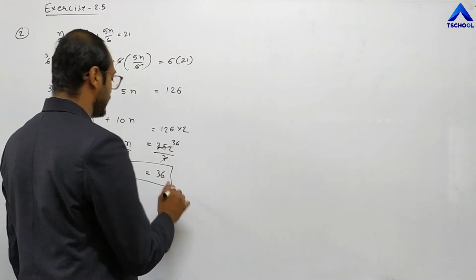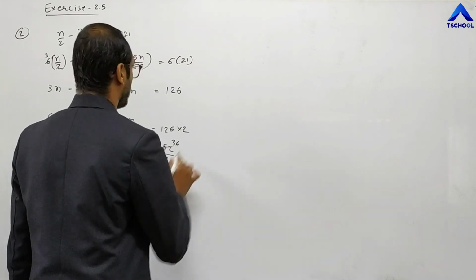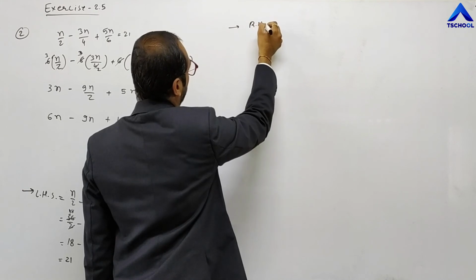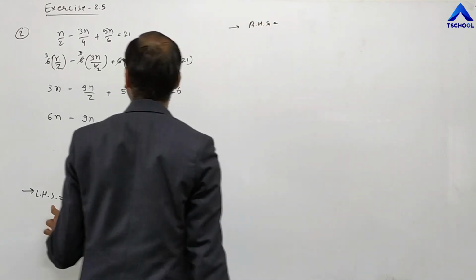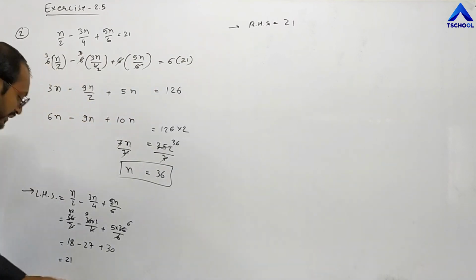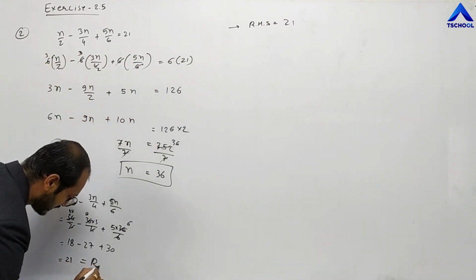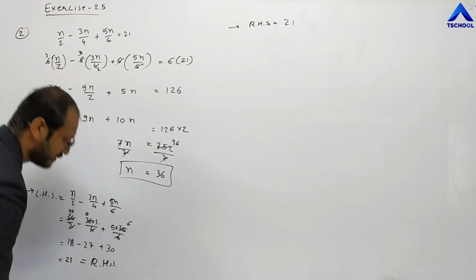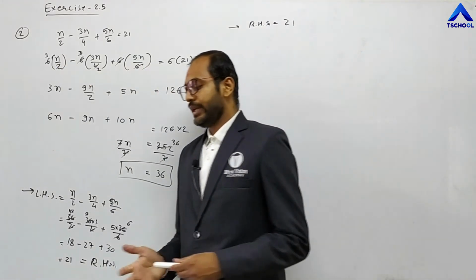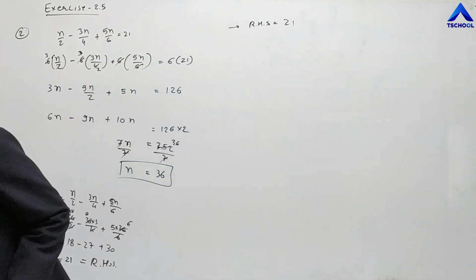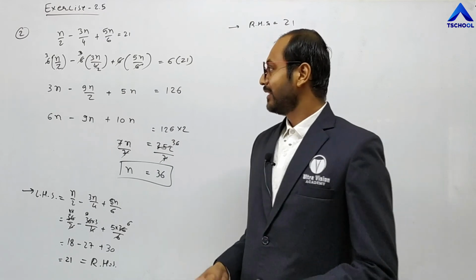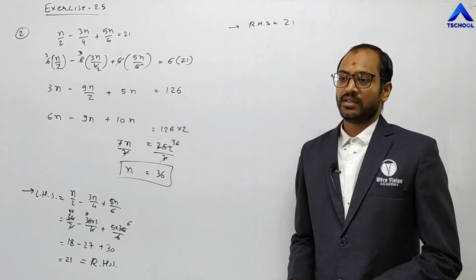Now let me verify the RHS. The RHS here is 21. So this is equal, which means the answer is correct. Clear? So today we discussed problems of simplification.